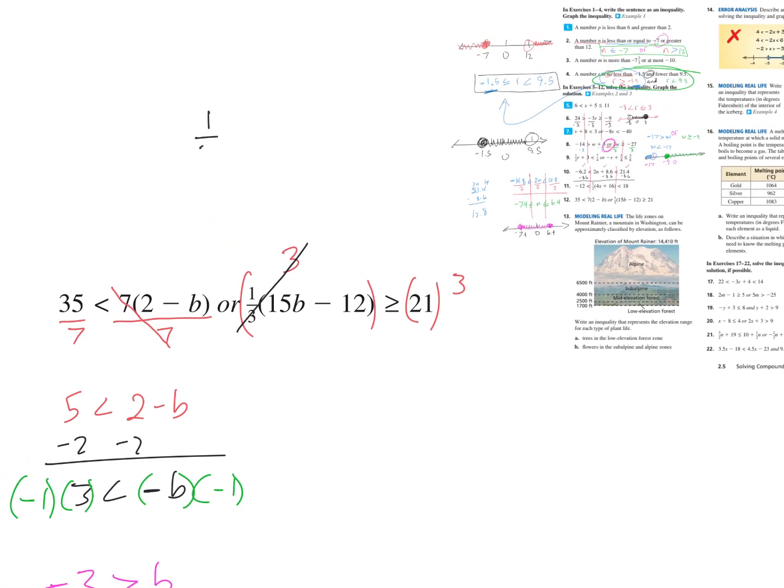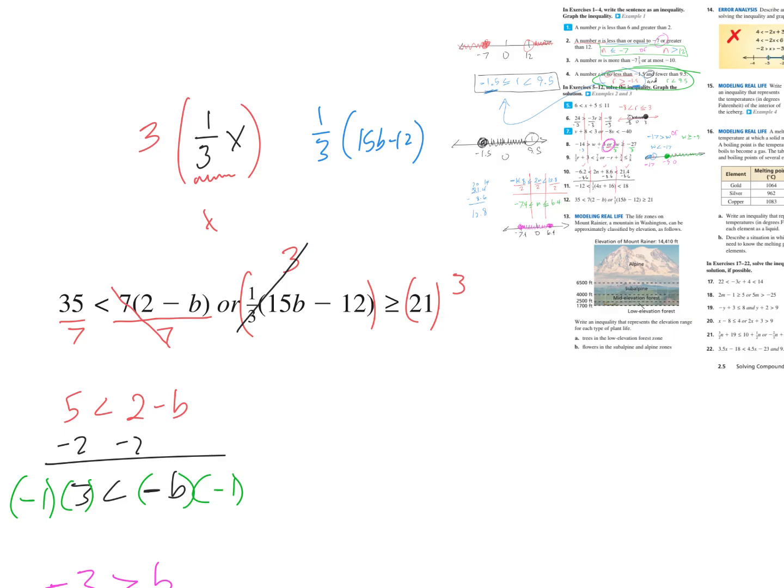Imagine if I had 1/3 x, and I multiplied that by 3. Well, this is one term, so when I multiply by 3, I just multiply it by this one whole term, and I would just get x. Well, now what if I told you that x is really 15b minus 12?